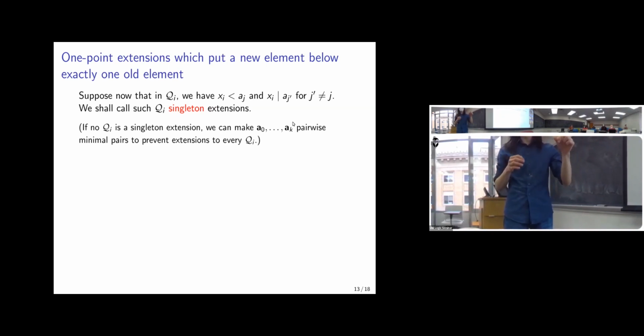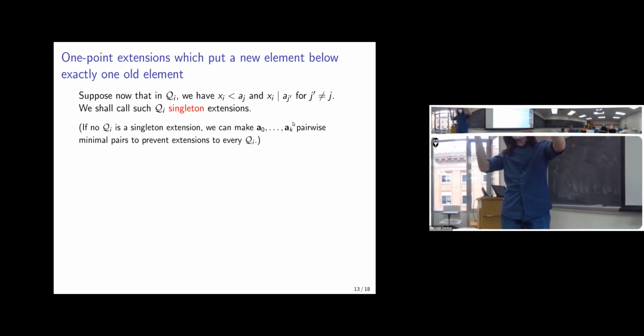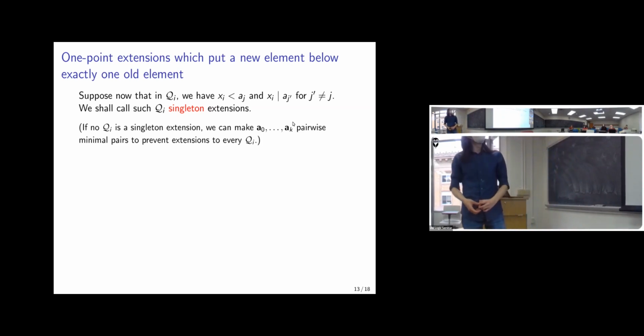That is something that we can do in the E degrees. A minimal pair is where you have two things which are not zero, and anything that's below both of them must be zero. Using that, we can block all of these extensions. So the case where there are no singleton extensions is easy to handle.